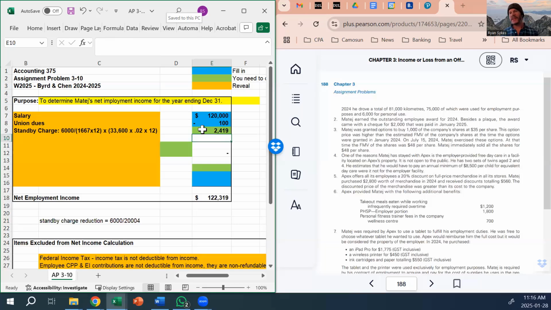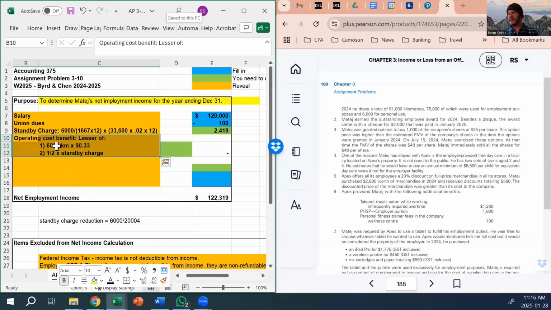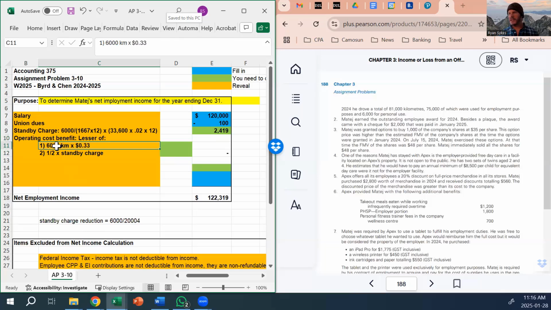We then have to determine what the operating cost benefit is. Because the standby charge reduction is applicable here, we have a choice. It's the lesser of two things. The operating cost benefit is going to be the lesser of what it would otherwise be determined to be, which is the 6,000 personal use kilometers driven times 33 cents. The 33 cents is a variable.